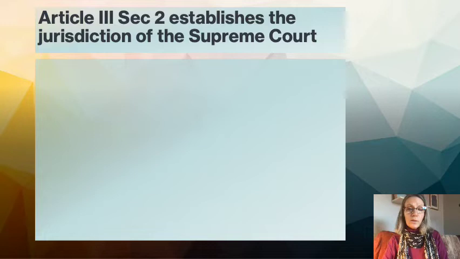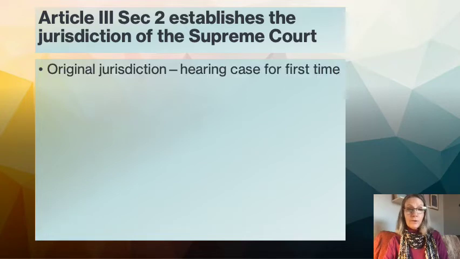So when it comes to the Supreme Court of the United States, it's the Constitution of the United States, in particular Article 3, Section 2, that establishes what the authority of the Supreme Court is, or what the jurisdiction of the Supreme Court is. And last class, we talked about the difference between courts of original jurisdiction and appellate jurisdiction.